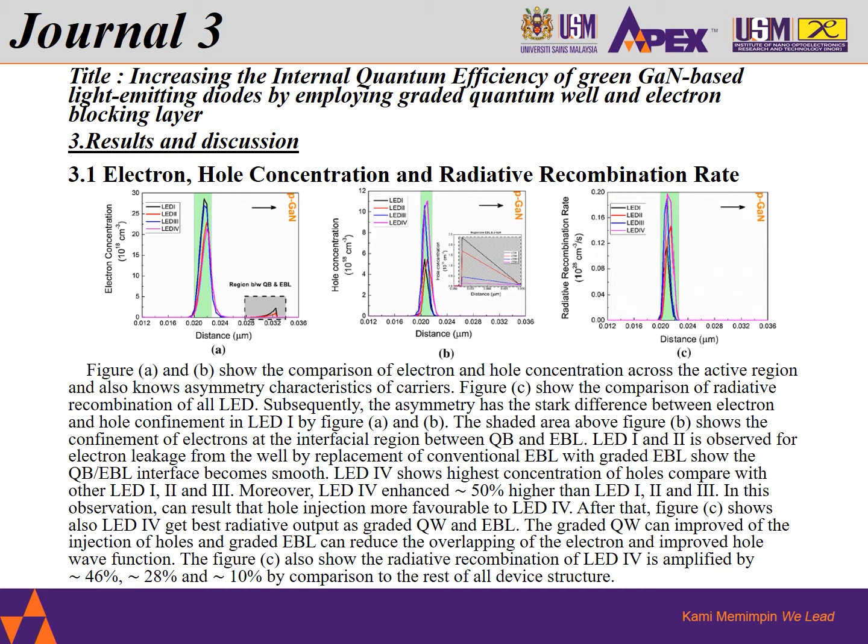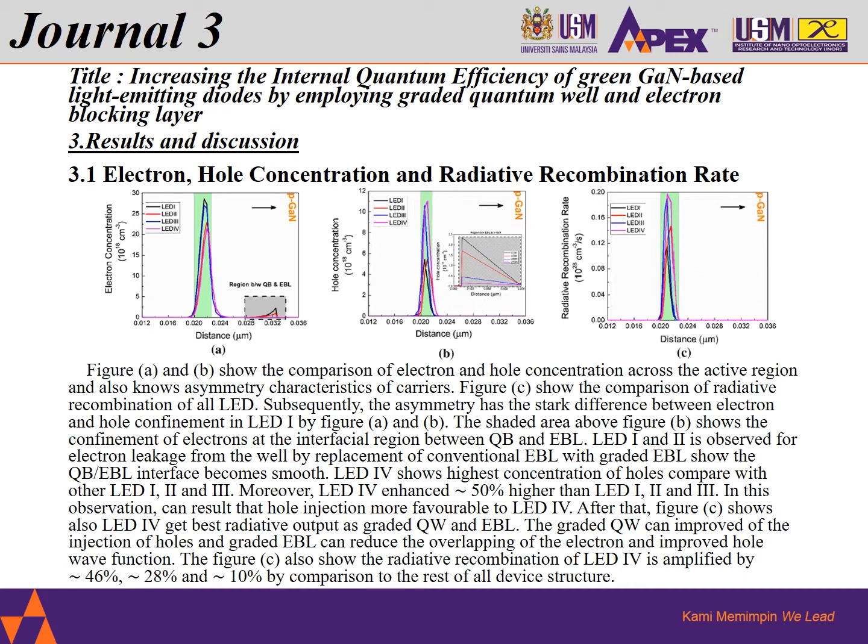LED 4 shows the highest concentration of holes compared with LEDs 1, 2, and 3. Moreover, LED 4 also enhances it 50% higher than 1, 2, and 3. From this observation, the hole injection is more favored in LED 4. After that, figure C shows that LED 4 also gets the best radiative output, with the graded quantum well and electron blocking layer.